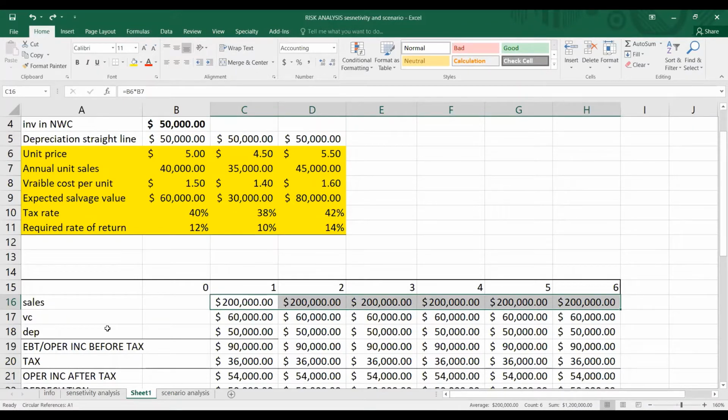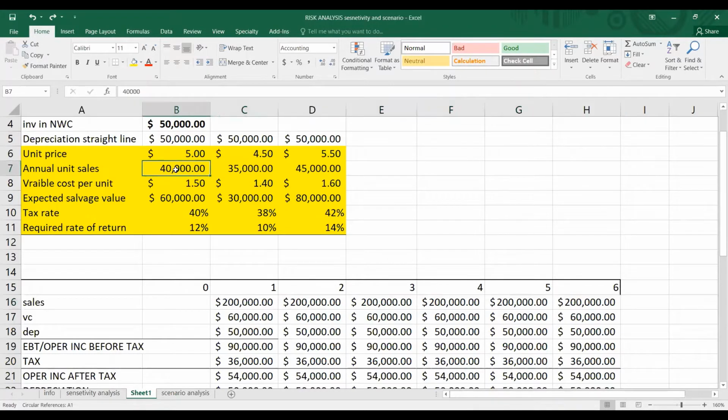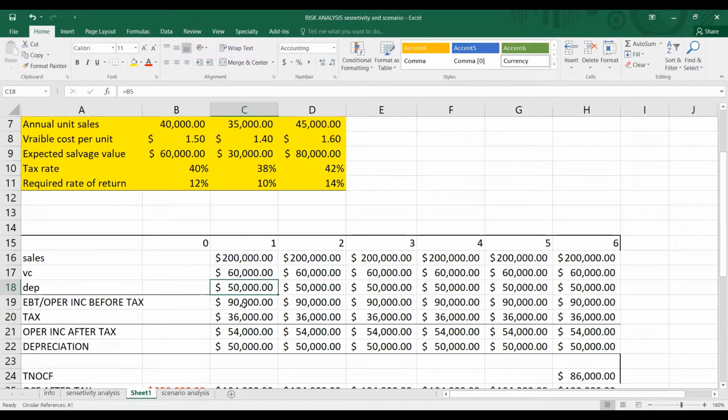Variable cost is how much it costs you to produce a certain unit that you sell. So the number of the units you sell times cost per unit. Depreciation is given, 50,000 for all the 3 cases. Then we derive the earnings before tax, from sales minus variable cost minus depreciation.